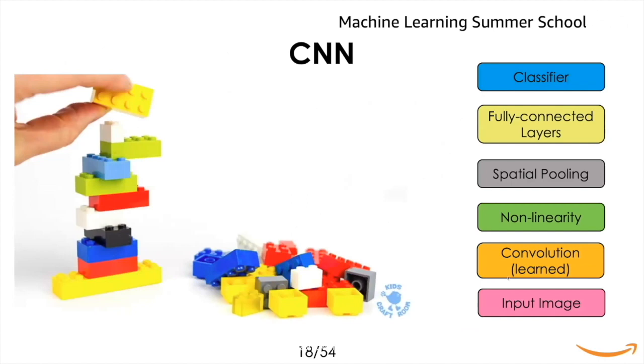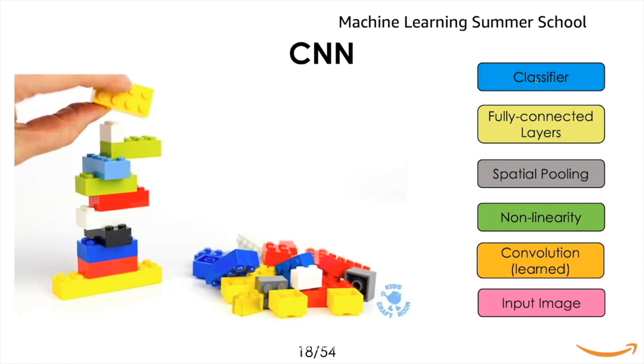CNNs are very similar to ordinary neural networks in the sense that they are made of neurons with learnable weights and biases. Each neuron receives some inputs, performs a dot product, and optionally it is followed by a nonlinearity. The output layer still has probability scores for each class in the case of a classifier.